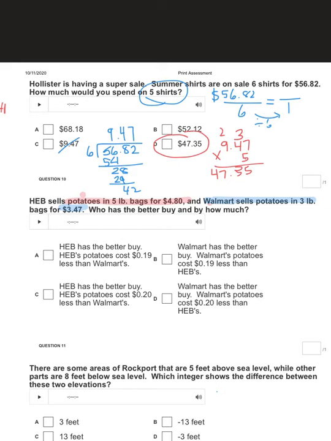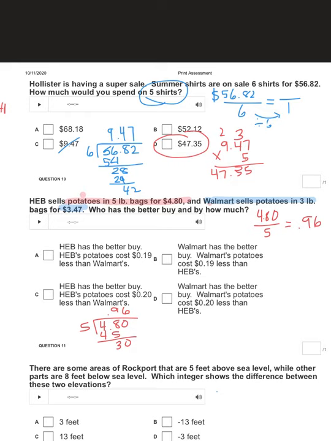So I'm going to divide $4.80 divided by 5. When I do that, let me calculate over here. Divide by 5. That goes in 9 times. So 96 cents at H-E-B.